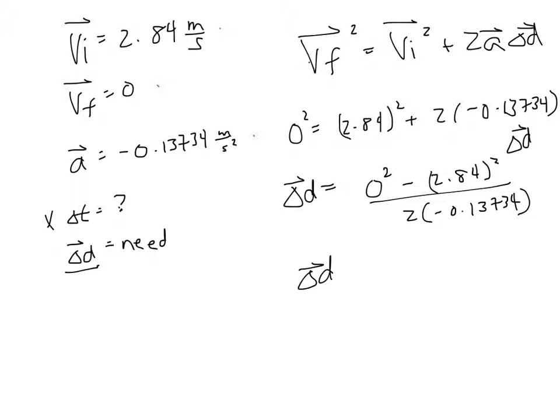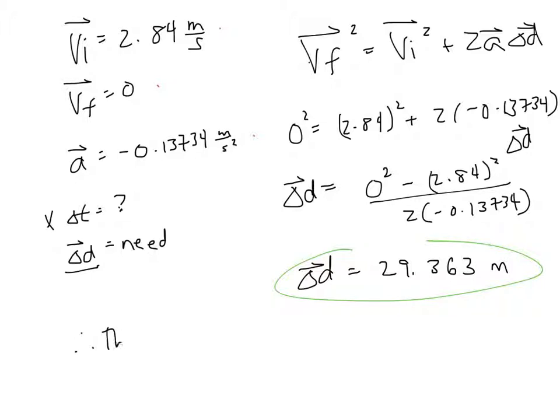Run it on the calculator, and we would get 29.363 meters. So that's really what the question asked us to solve. It said how far will the curling stone travel, and we were able to solve that it would be 29.363 meters. So let's write out a final statement where we actually round to significant digits.